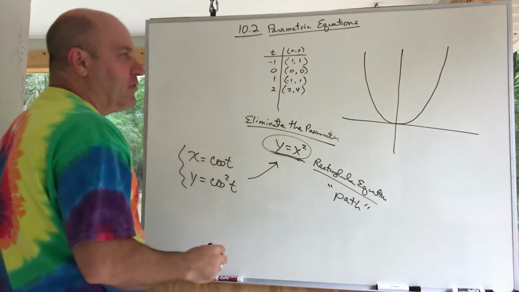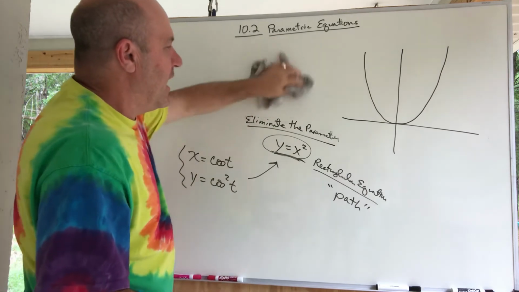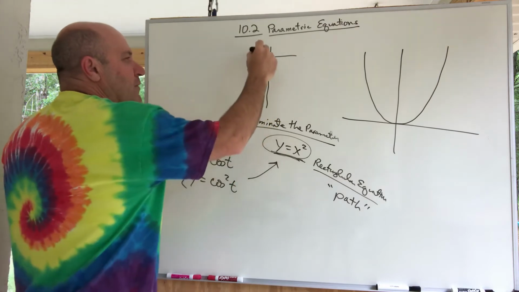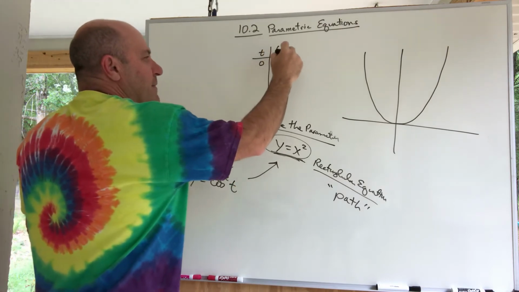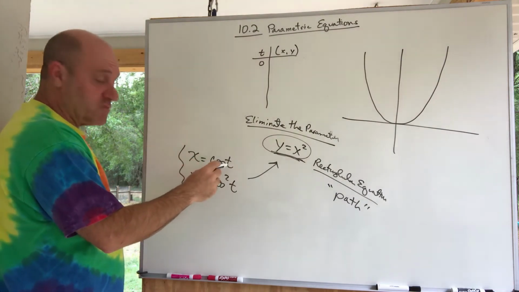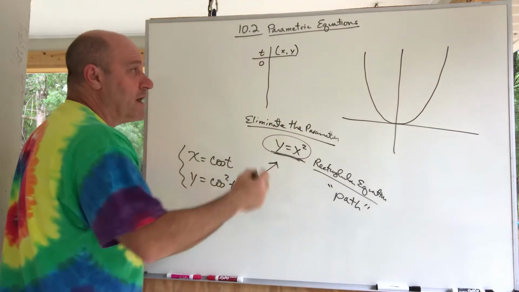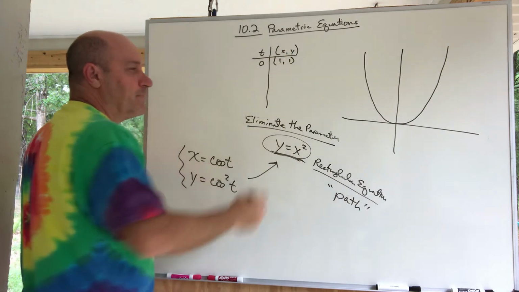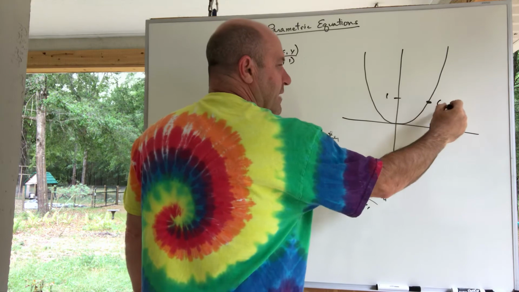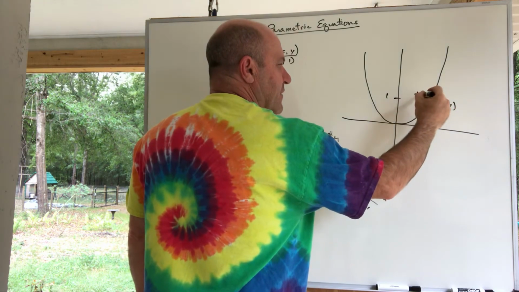Make a little chart and plot points, that sort of helps. That's a good way to do it. When t is 0, where am I? When t is 0, cosine of 0 is 1, I'm at 1, 1. I'm at the point 1, 1. Kind of blew this up for you. So there I am when t is 0.